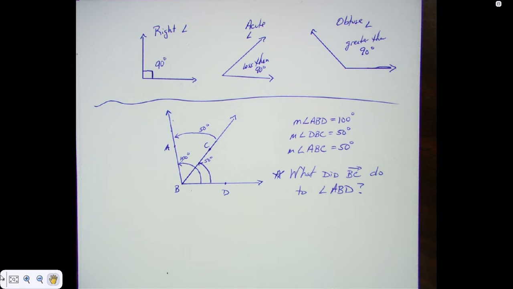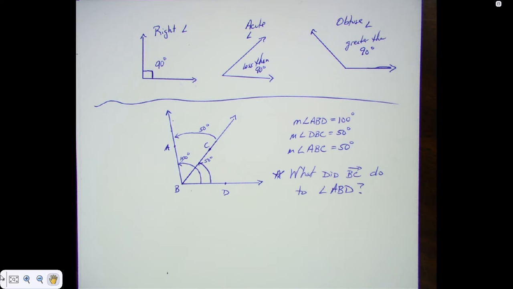Ray BC do to what? Angle ABD. Make it 100 degrees. Yes and no. Cut it in half. What would you say? Cut it in half. Did it not cut it in half?